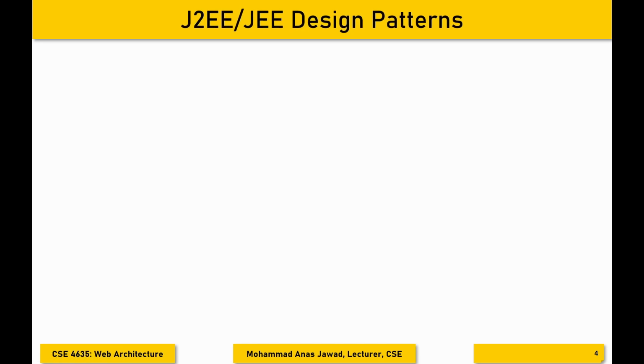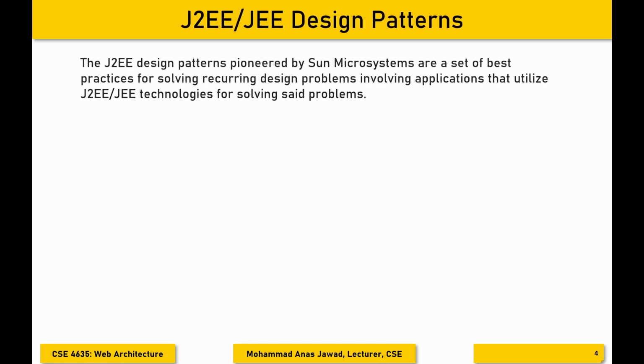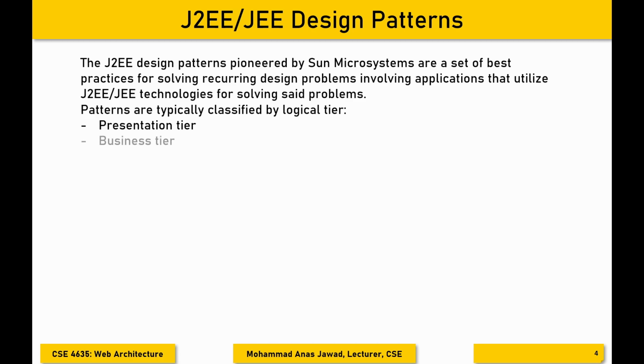Now let's talk about the different design patterns that are used with JEE technologies. JEE design patterns are basically any design patterns that are used to solve software problems that utilize JEE technologies. We already know that JEE technologies are classified into different tiers based on which technology we are using. Depending on that classification, JEE design patterns are also classified into 3 categories: presentation tier, business tier, and integration tier.